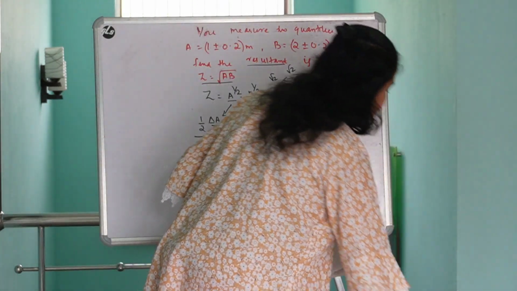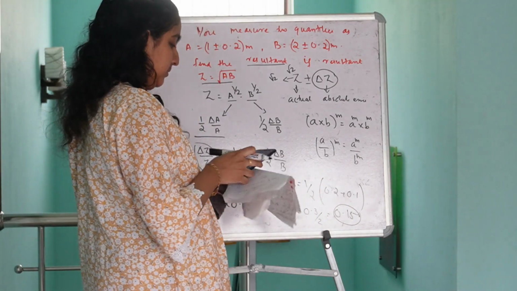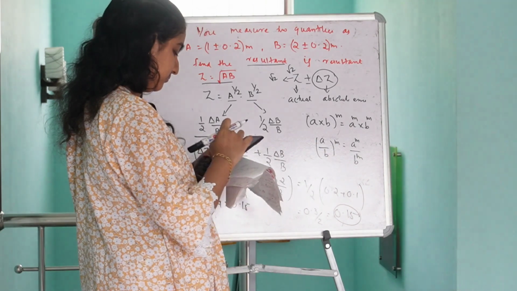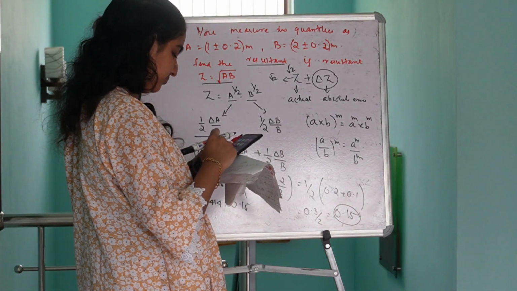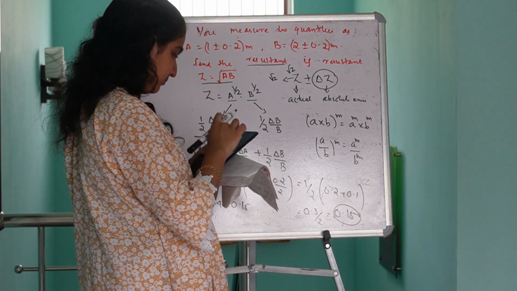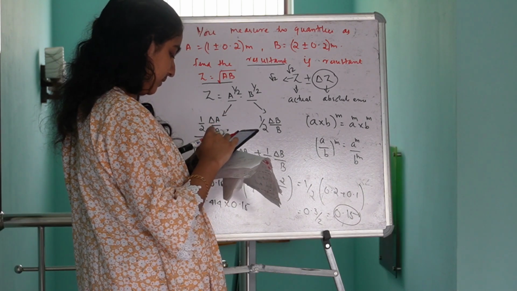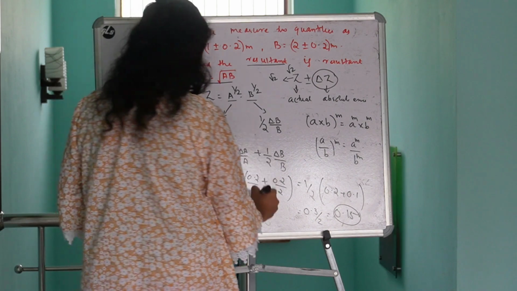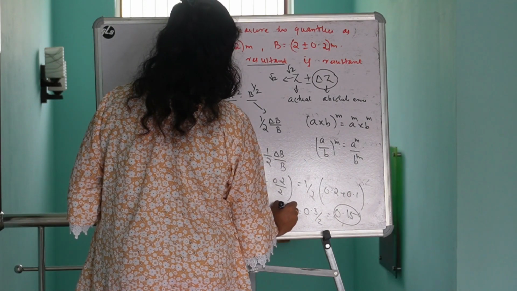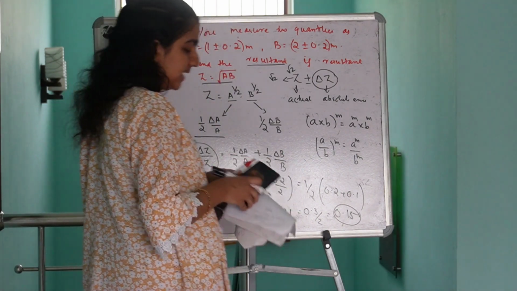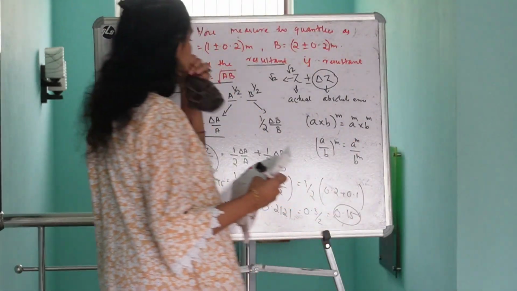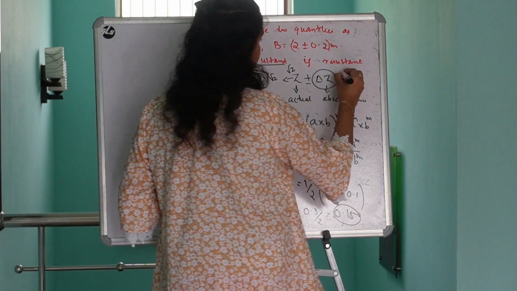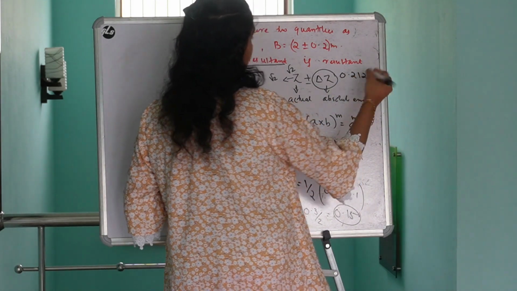Let me do this operation in the calculator. 0.15 into 1.414 is equal to 0.2121. Thus we got the actual value of the resultant root 2, and we got the absolute error of the resultant, del z.